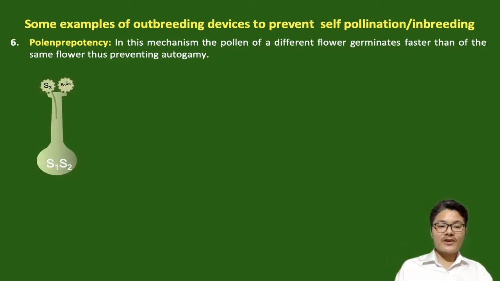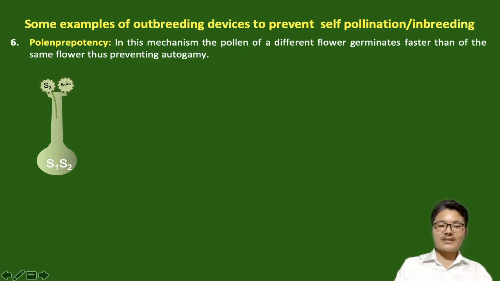Say this pistil, which has S1 and S2 genotype, will not allow a self-pollen having S1 and S2 genotype to germinate and grow pollen tube, but it does allow external pollen grains to germinate faster compared to the self-pollen.